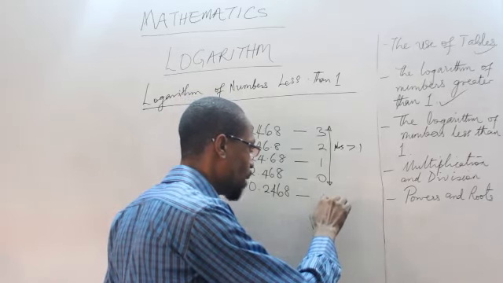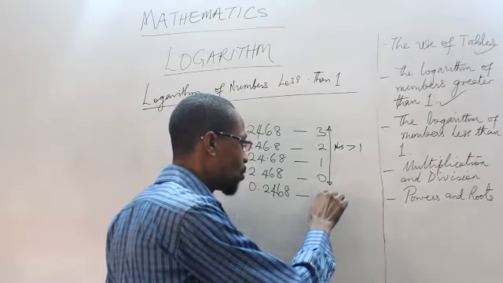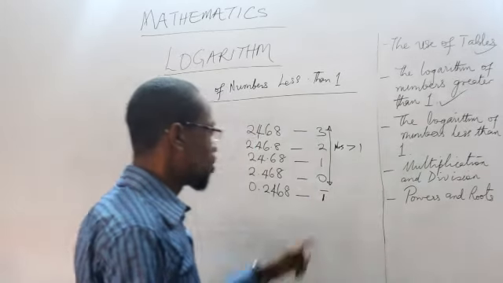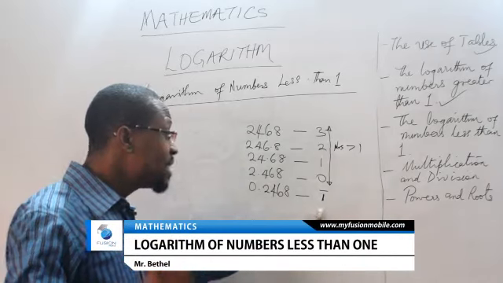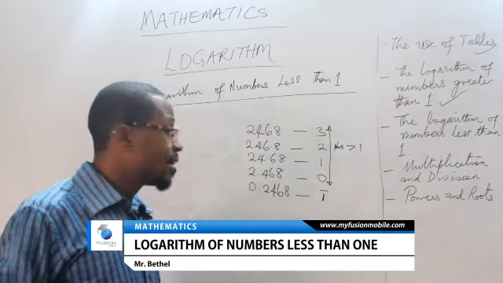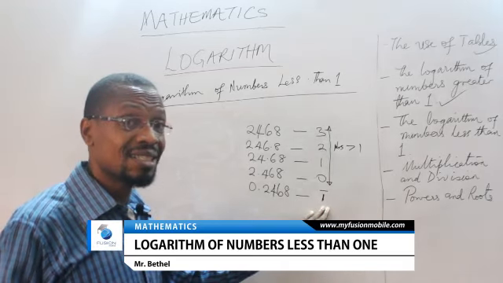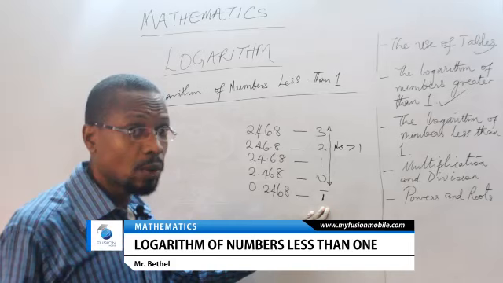So, bar 1 is written like this. A bar on top of 1. This is what we use. Now, the reason we use bar 1 is because the characteristic is different from the mantissa. Okay?